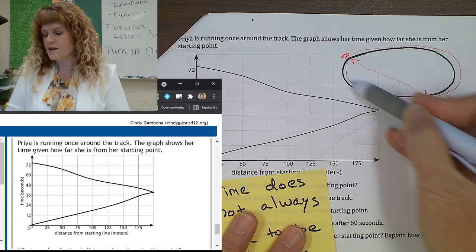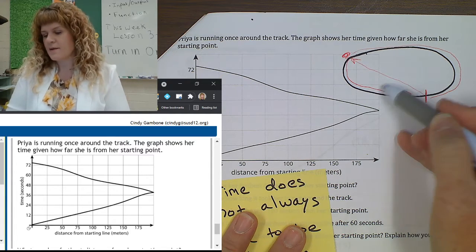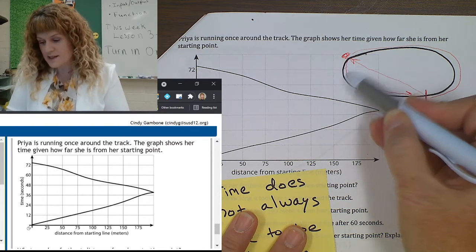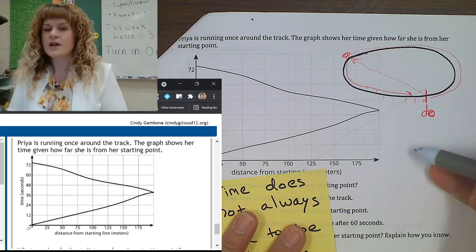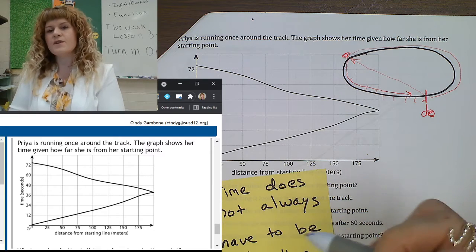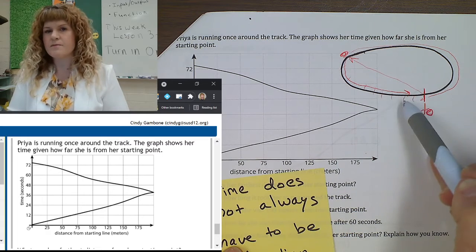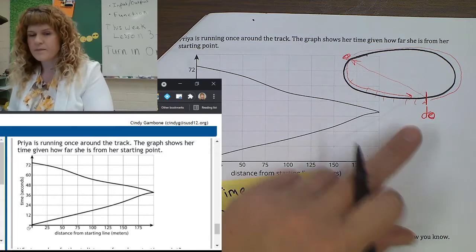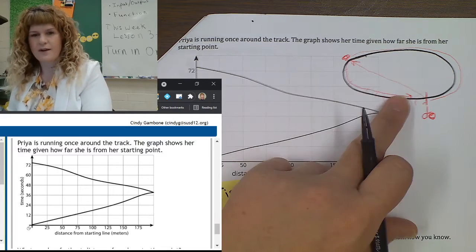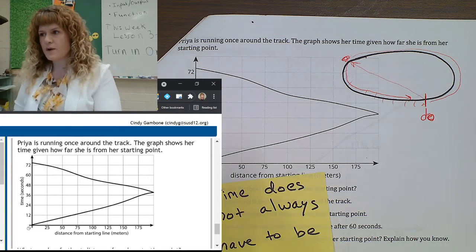But then they start to come back. As they come back, their distance from the starting point is decreasing because they're getting closer to the starting point. In that situation, if you measure the distance from the starting point, then that distance is decreasing after the halfway point.